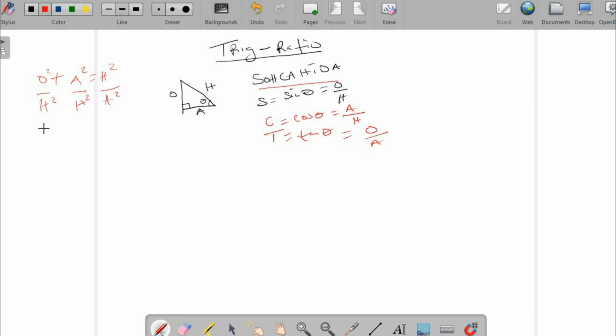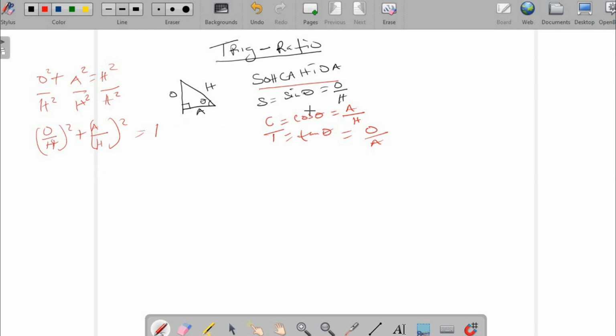Now you are going to have O over h, squared, plus A over h, squared, is equal to h divided by h, which is 1.